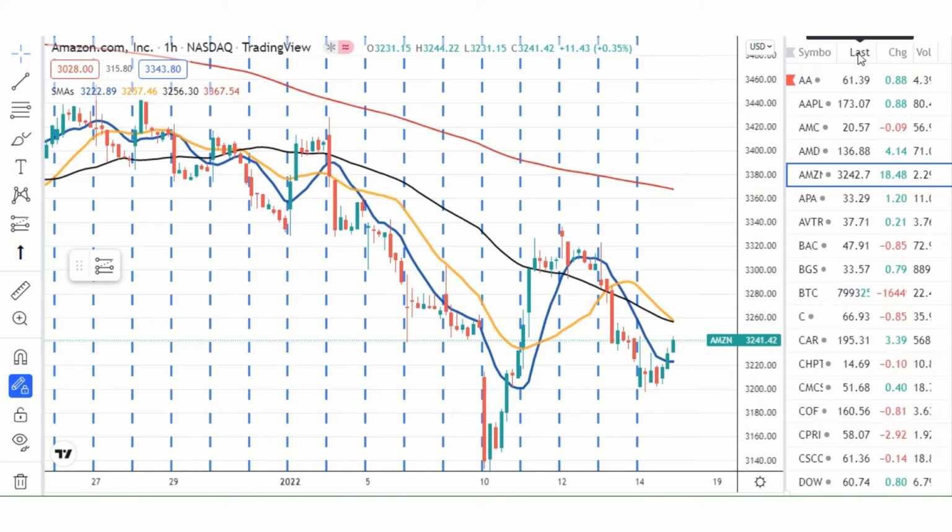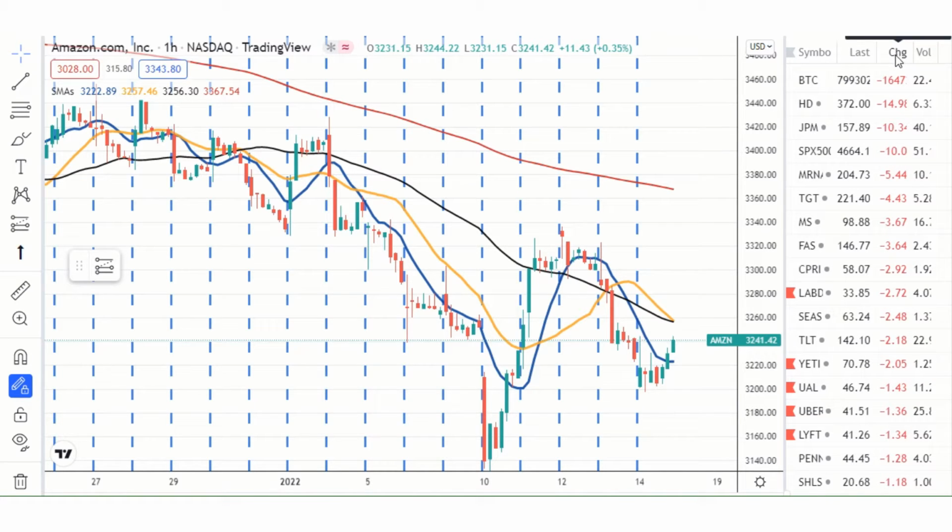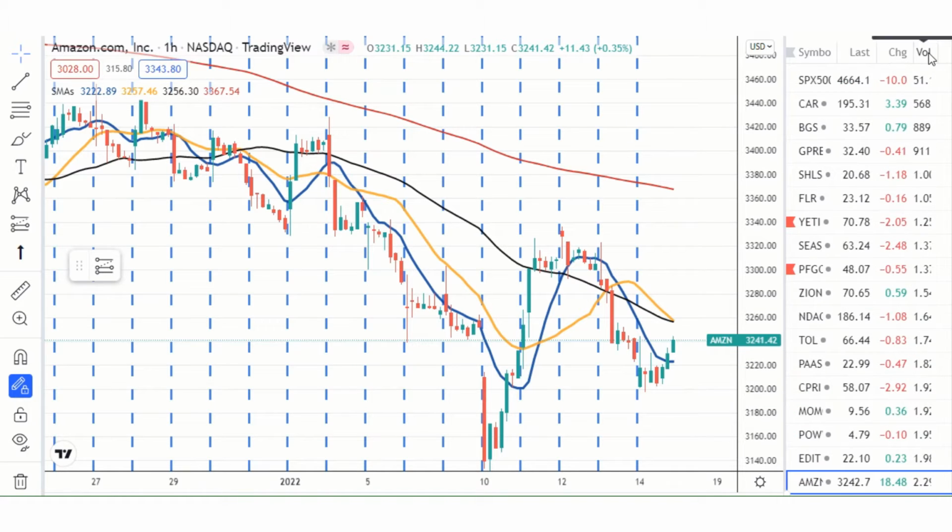Okay, you can arrange it by what it traded last before it closed, and you can arrange it by the amount of change that it had on the day before it closed. Or you can arrange it by volume, by the stock's volume.